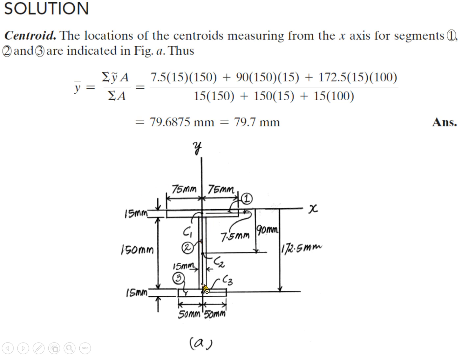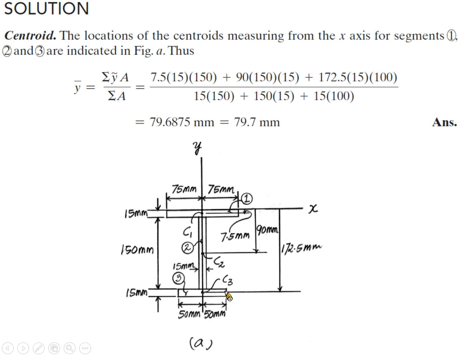And then for the second area, we know this height is 150, times the thickness, which is 15, 150 times 15, and then the level arm is 150 halfway, 75, plus 15, which is 90, and that's the level arm.